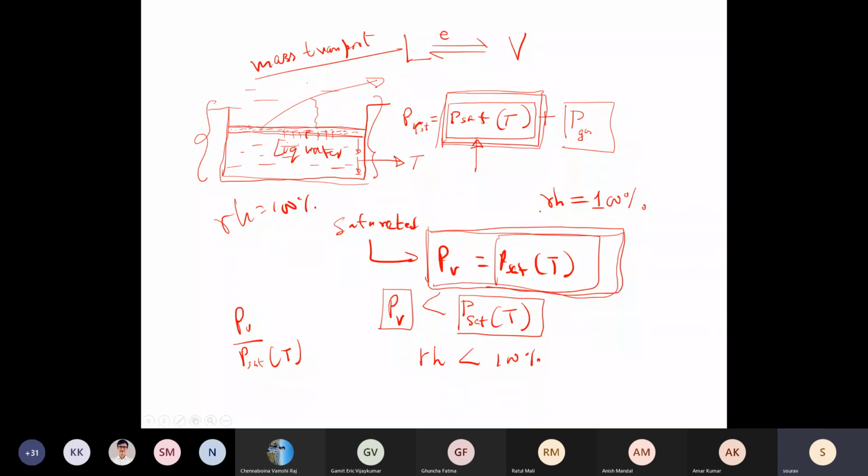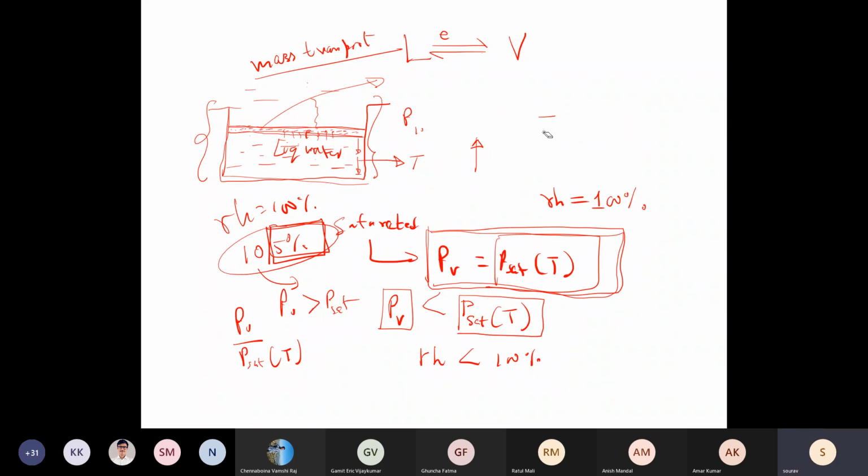Any further evaporation from any source, okay, just hypothetically assume that your RH goes to 105%. So what it means is now PV is greater than PSAT. So this additional 5% will actually condense into liquid. Okay, bringing back the air to 100%.